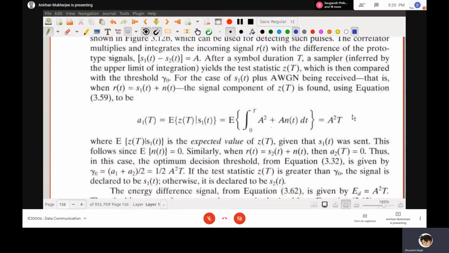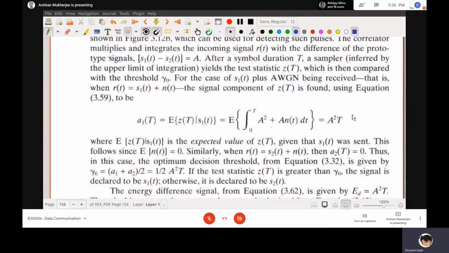So that's why I am choosing my gamma 0 as (A1 plus A2) by 2, as we have studied here, not arbitrarily some gamma dash. This is one point, which many times you have studied in hypothesis testing and in probability. So I know that I have to choose my gamma here.